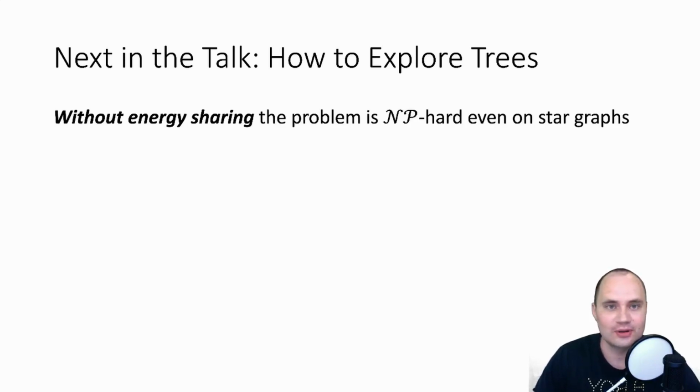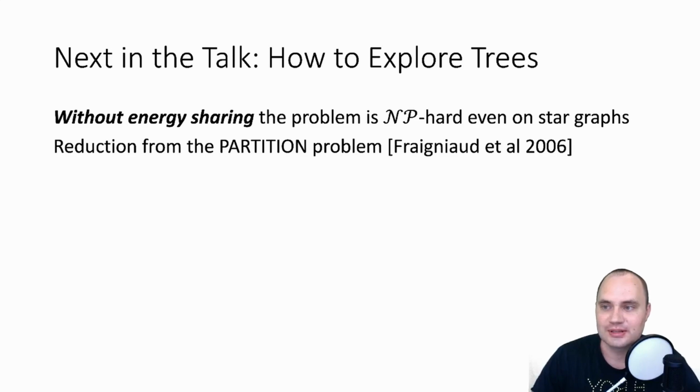But before discussing it, I would like to quickly note that without energy sharing, the problem is NP hard, even on star graphs. So this goes under this theme of comparing what is possible with and without energy sharing. So there is a reduction from the partition problem that has been known since at least 2006 for this setting.